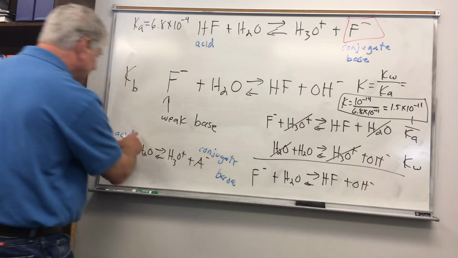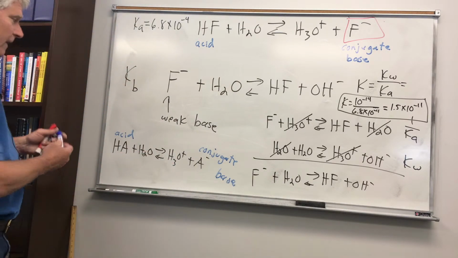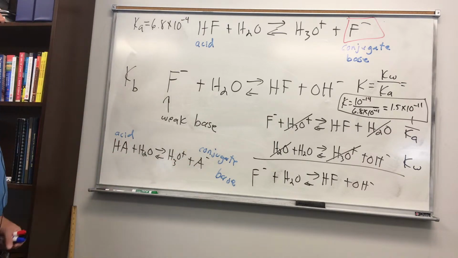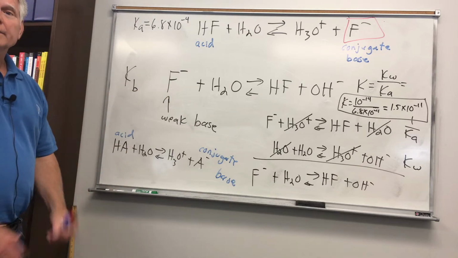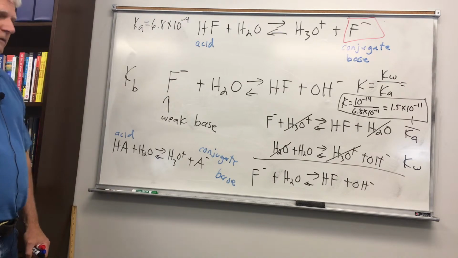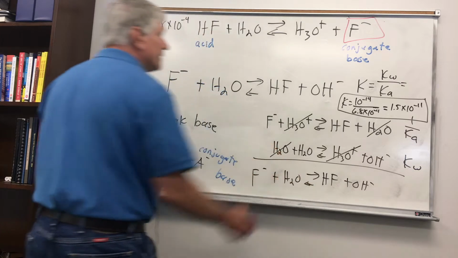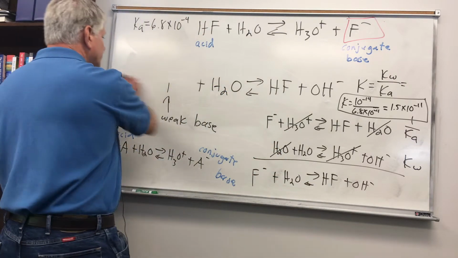So these are acid conjugate base pairs because the conjugate base is formed from the reaction of the acid with water. Now, how would we get F minus in solution by itself? Well, we can't just get F minus in the stockroom, but what we could do is get the salt of the conjugate base, say sodium fluoride.